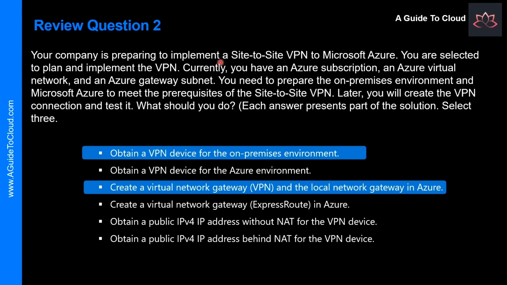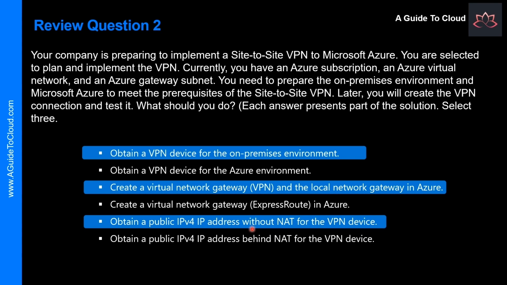We are trying to create a site-to-site VPN, not an ExpressRoute, so that is wrong. The next statement is obtain a public IPv4 address without NAT for the VPN device. Absolutely correct. So you need an IPv4 address without NAT for your VPN device. So we got our 3 statements right.